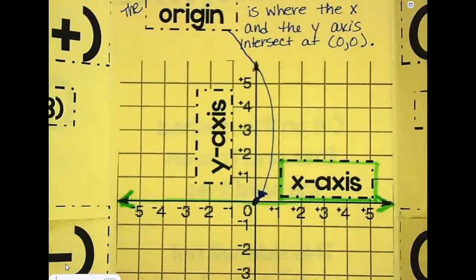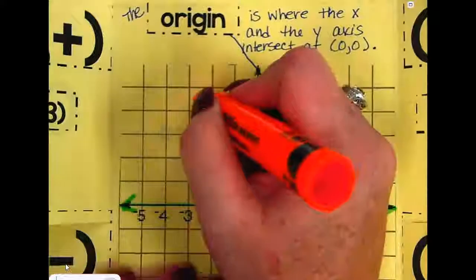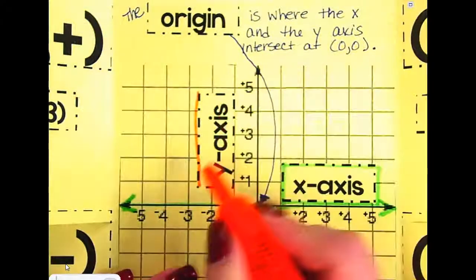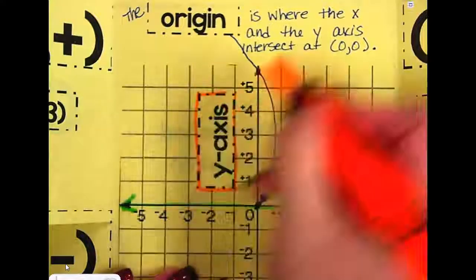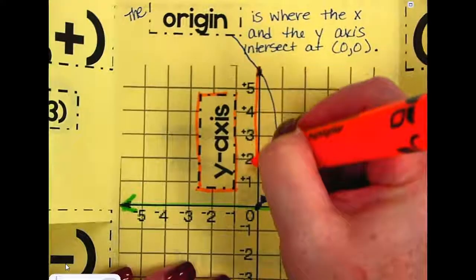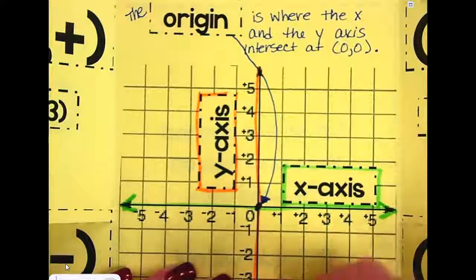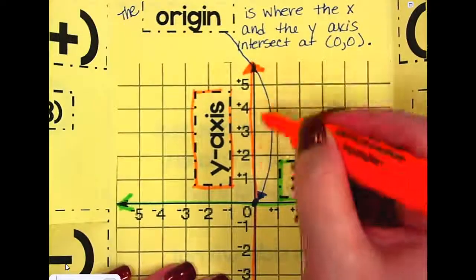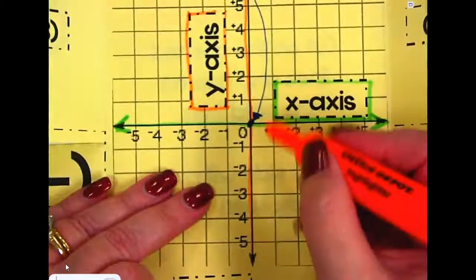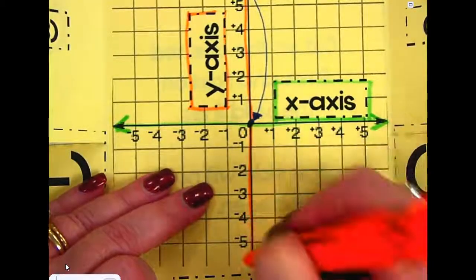All right. What is the vertical one called? It's called the y-axis. This vertical one is called the y-axis. And it could be positive numbers above 0, or it could be negative numbers below 0.